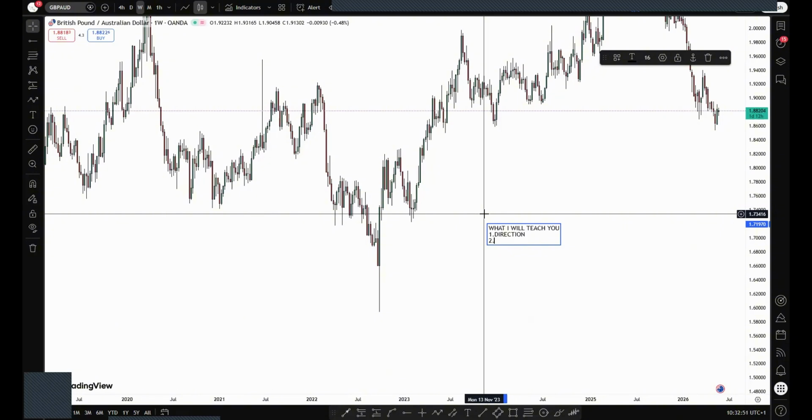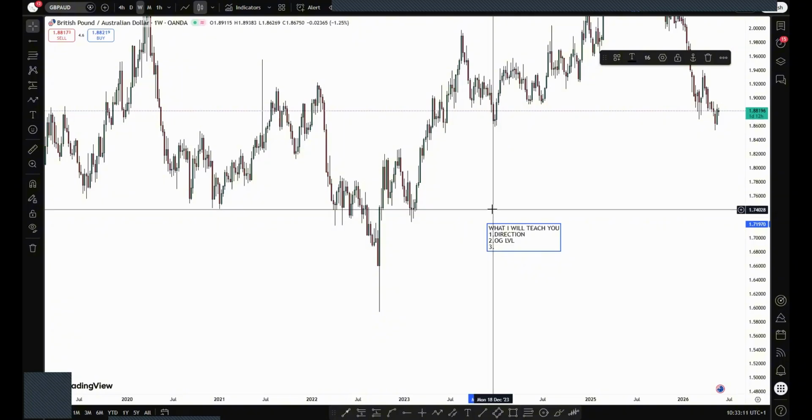And yeah, so I'll just write the first thing, direction. Second thing will be OG levels, and third thing will be what to do when we are at OG level.